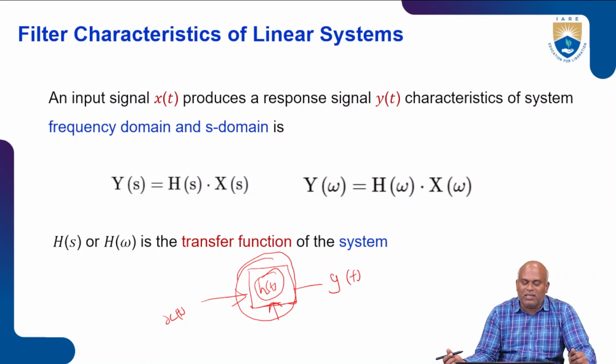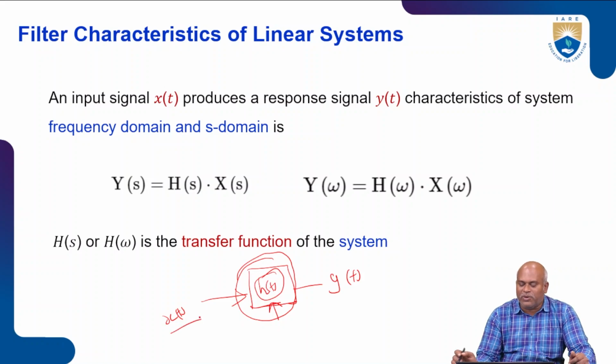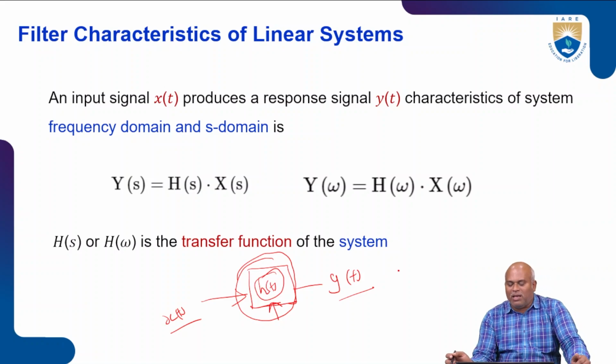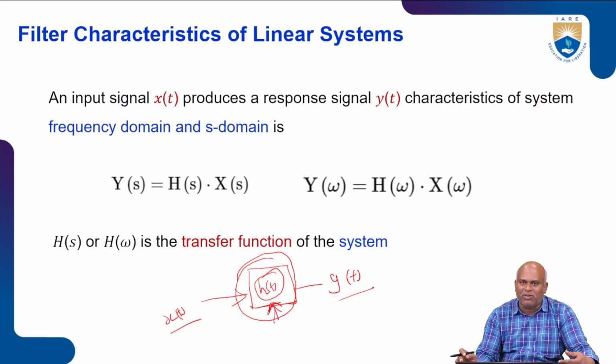So now the system takes the input x of t and produces the output y of t. That means the system is going to perform some filtering action, reducing or increasing frequency components, which is done by h of t. Now I take the input as x of t, and the response of the system is y of t.